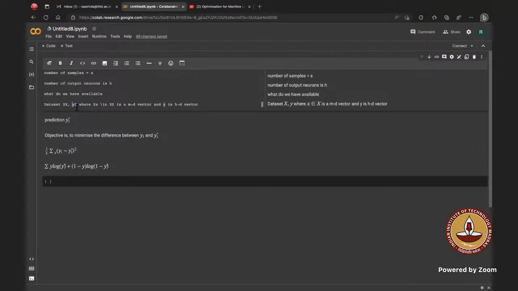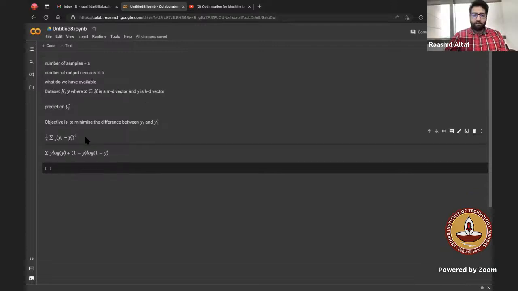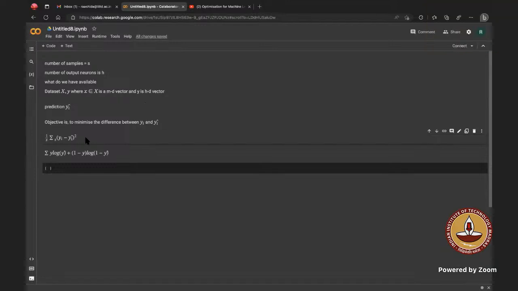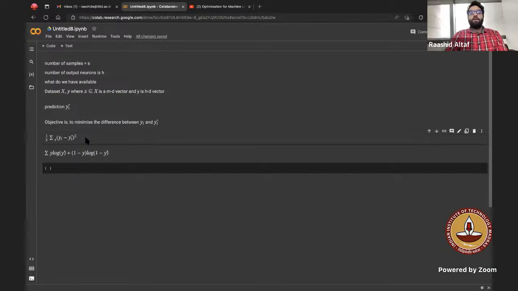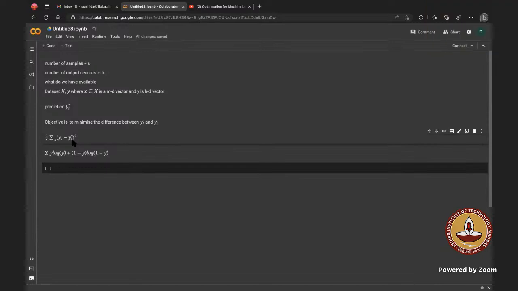And sir, in this equation, yi minus y hat squared, will this yi or y hat be a matrix of H cross 1? It will be vectors. If you take a regression problem, y hat and yi would be real numbers.